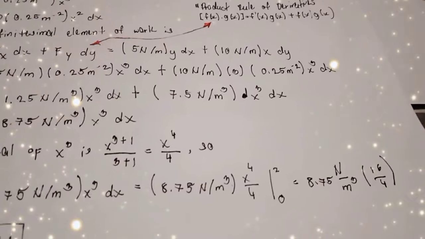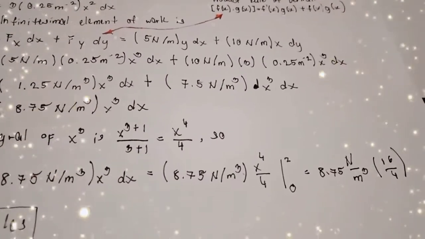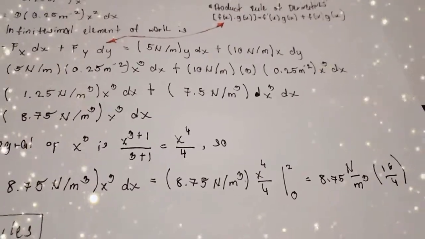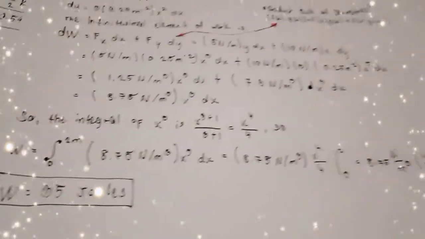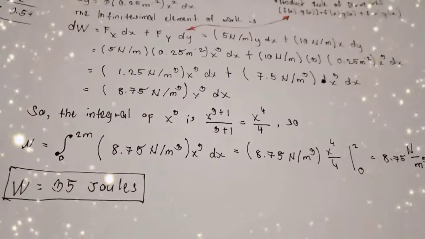So 16 over 4, we got the 16 over 4, which is 4 times 4 equals 16. Then bring down the 4. Then the answer is work equals 35 joules.